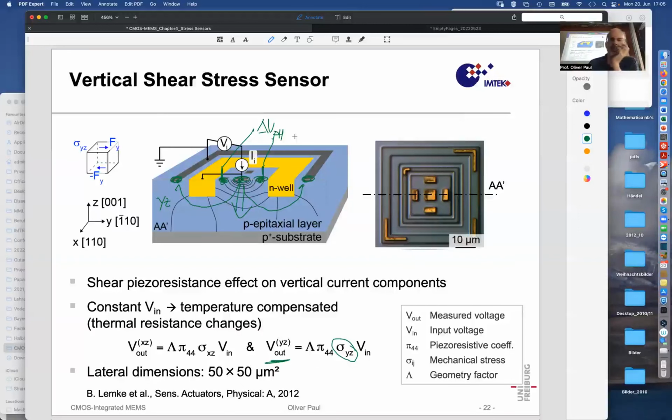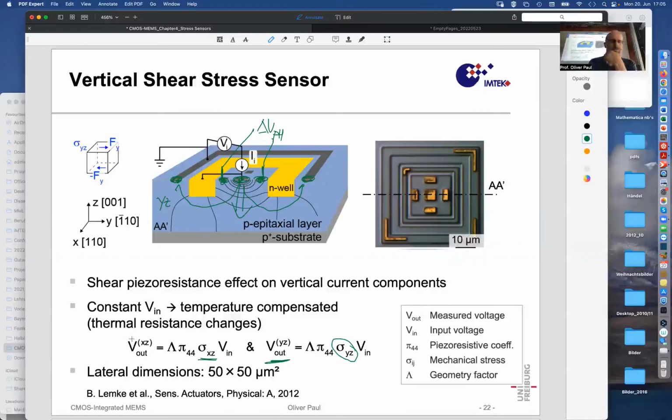And then Benjamin Lemke, who invented that sensor, designed it, and characterized it, also implemented the same in the perpendicular direction to measure the shear stress in the XZ plane. So the second component of the shear stress.